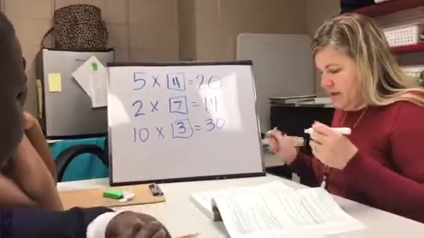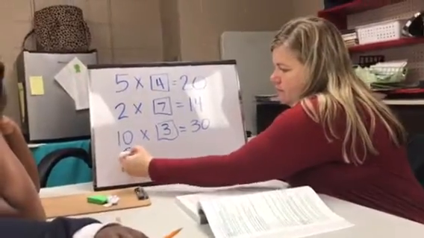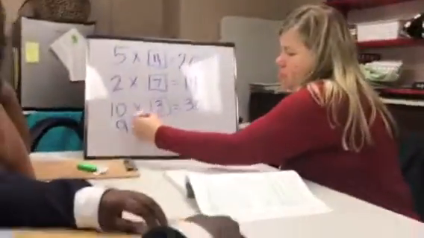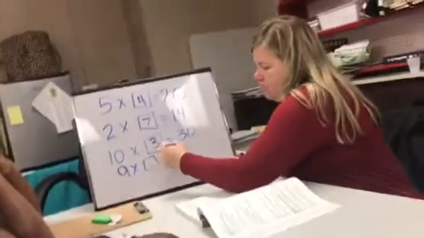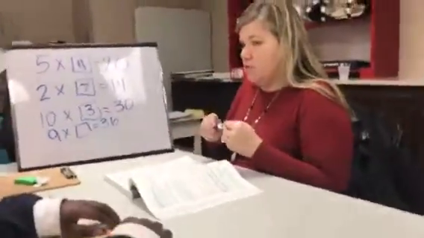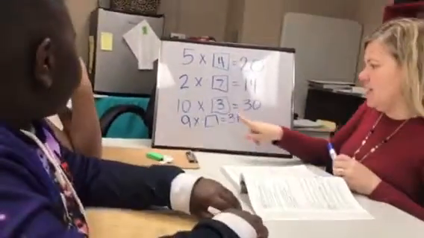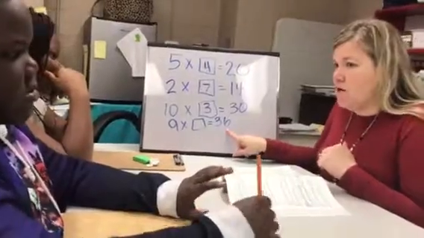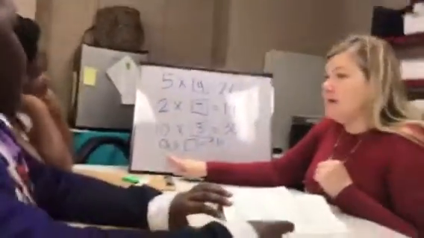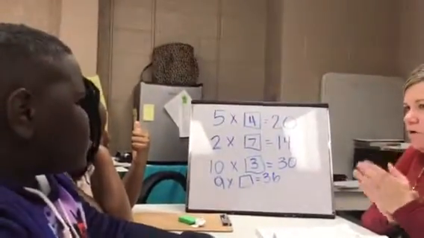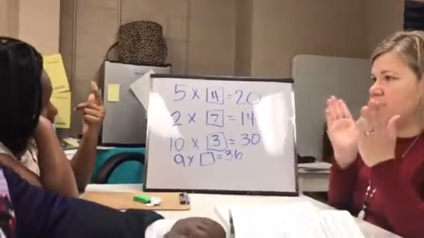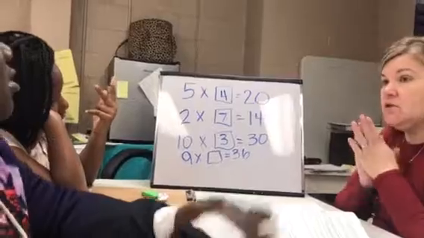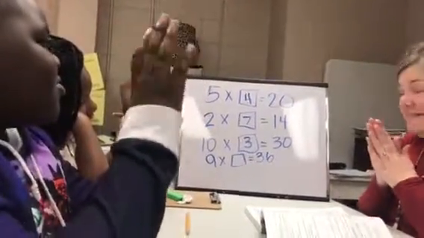All right, the next one is 9. It's a little harder. So we're going to count by 9 to get to 36. So let's think. This one may be a little harder. I'll go slower. So we start with 9. Hold up our fist. We have 9. And then 9 more would be 18. And then 9 more would be 27.